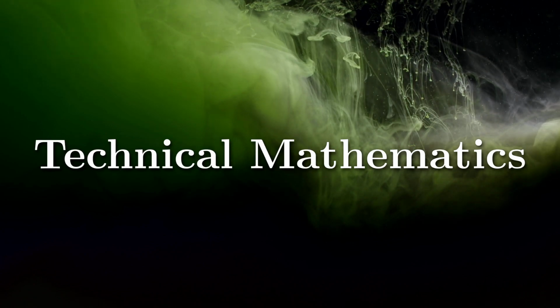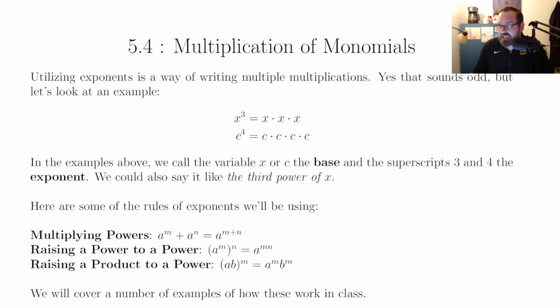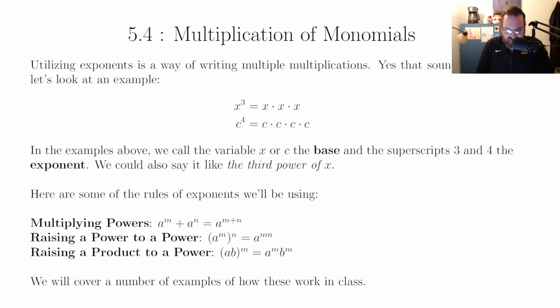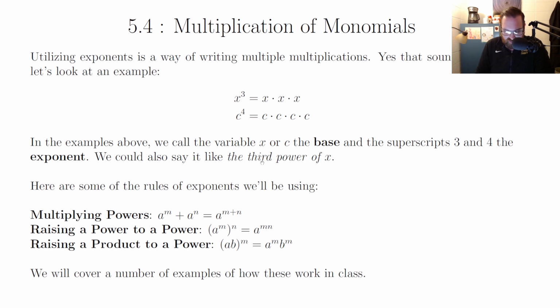If you look specifically at this top section, when we're multiplying these variables multiple times, we utilize exponents to indicate the number of variables that we're multiplying. So we have an x times an x times an x. That's going to be raised to the third power. C times itself 4 times is also raised to the fourth power.